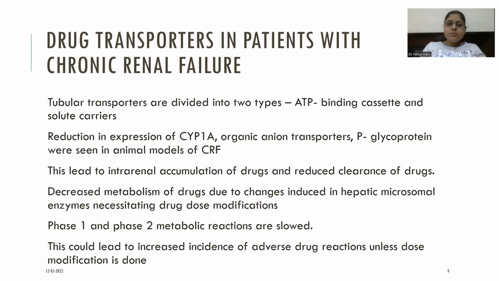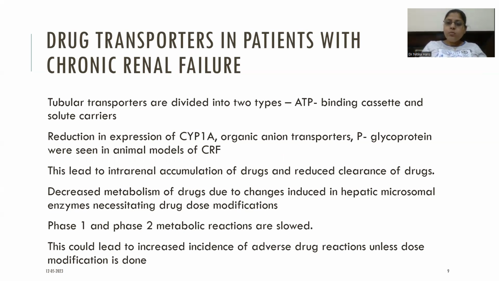The drug transporters in patients with chronic renal failure, the tubular transporters, are of two types: ATP binding cassettes and solute carriers. There is reduction in expression of cytochrome P1A2, organic anion transporters, and P-glycoprotein. And this will lead to reduced expression of transporters.